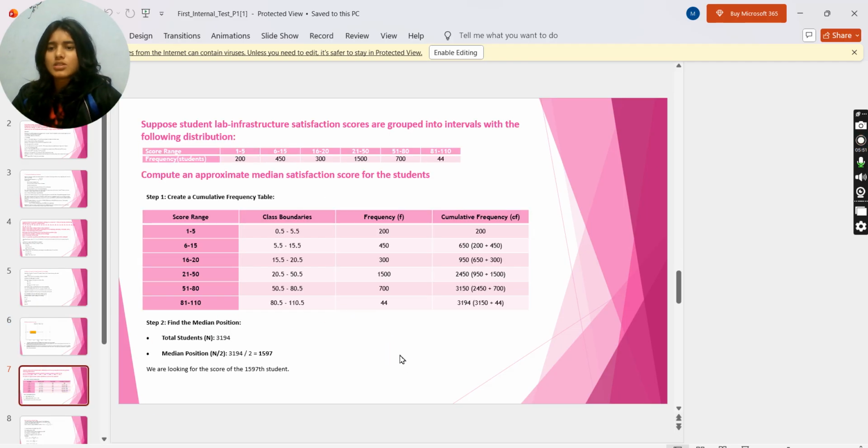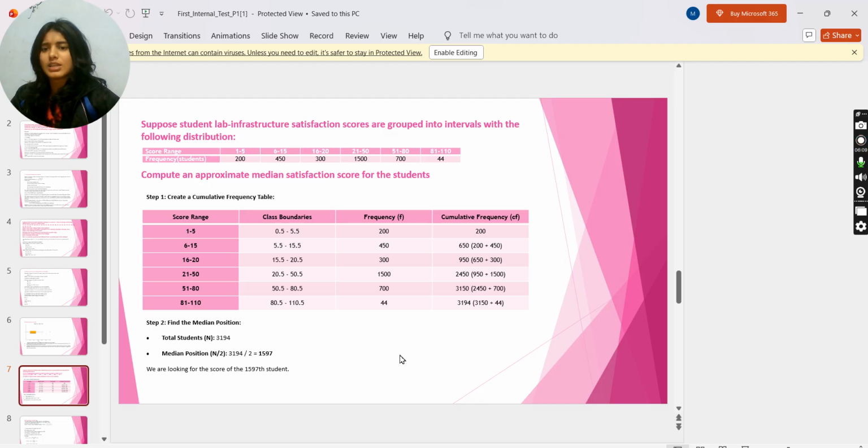Now suppose student lab infrastructure satisfaction scores are grouped into intervals with the following distribution. We have the score range and the frequency of students. Compute an approximate median satisfaction score for students.